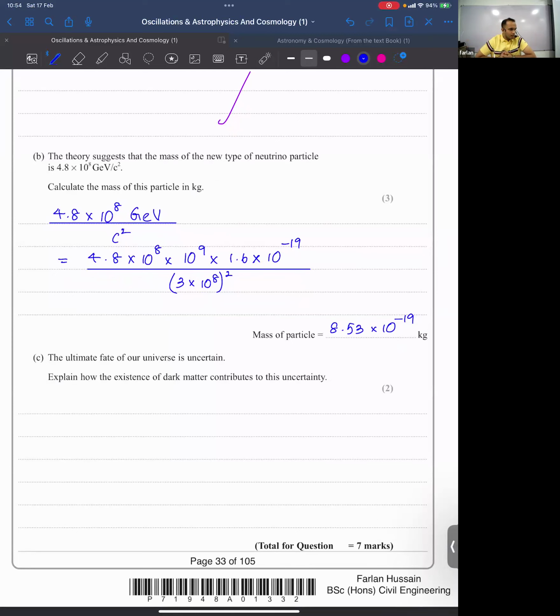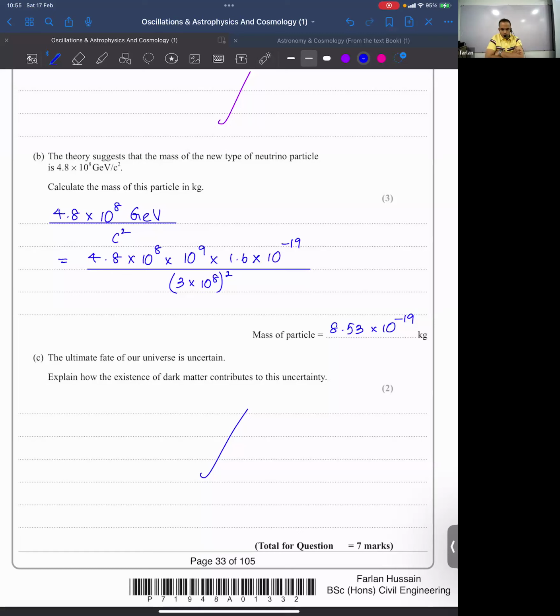Whether the universe will expand forever, or will contract after some point, will depend on the mean density of the universe. Full stop.